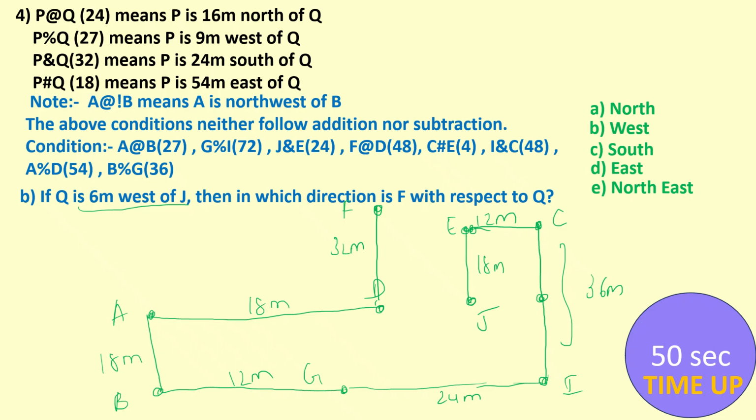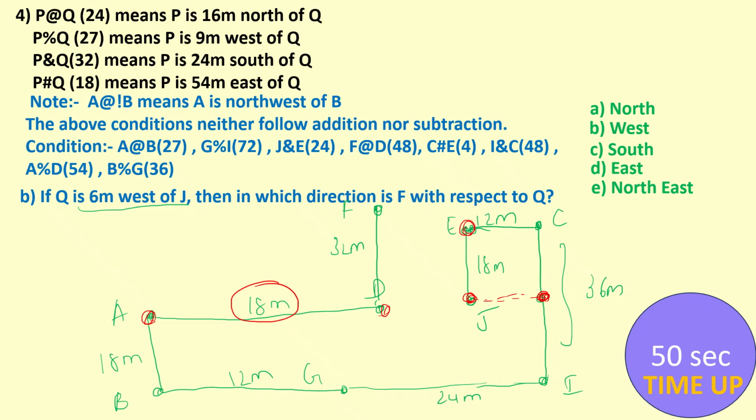So see students, if this is 18 meter, from A to D is 18 meter, then if I extend here, then from J to this point, somewhere here, is what? Your 12 meter. Alright, correct?